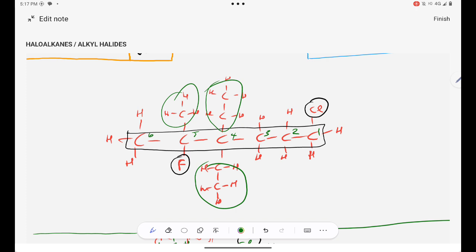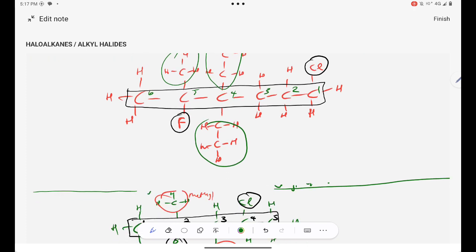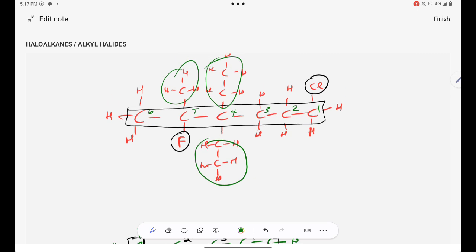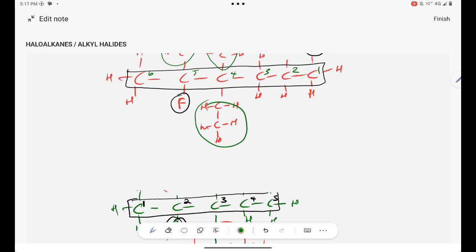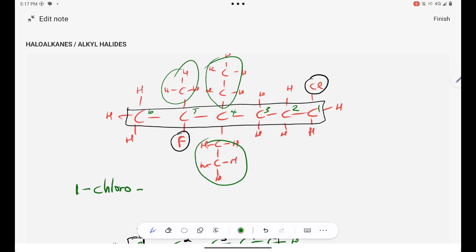So whenever I name these things, I need to mention them in an alphabetical order. So the IUPAC name over here will simply be, alphabetical order, I need to mention the chlorine first. Né? At carbon number 1, I have my chloro. Are you together? And then I have my methyls and the ethyls. Né?